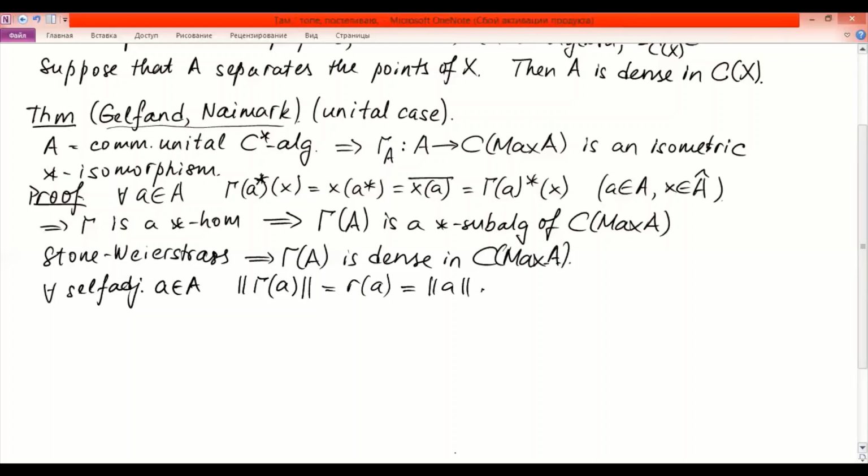And now we apply the same old trick. We take an arbitrary element a, and we apply the C-star axiom to gamma of a. So this is the norm of gamma of a star gamma of a. And since gamma is a star homomorphism, we can write this in the following way.